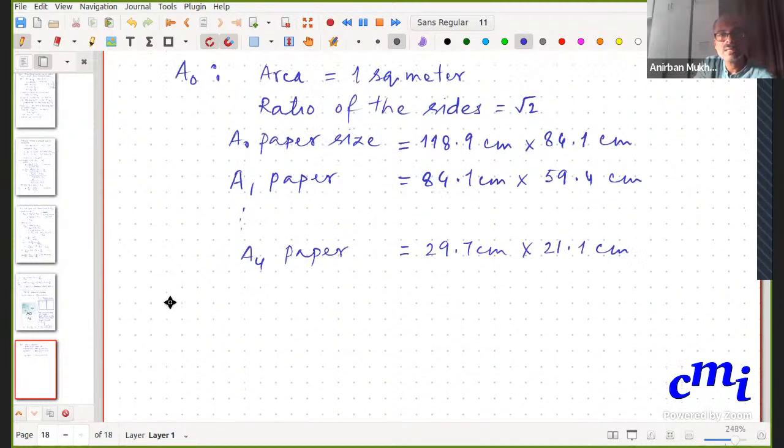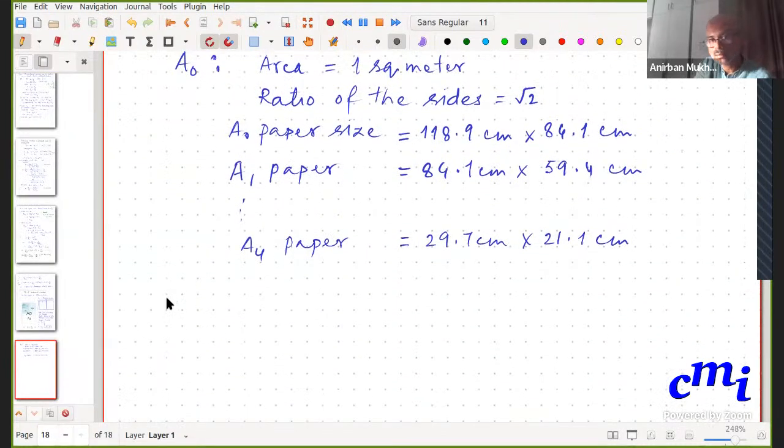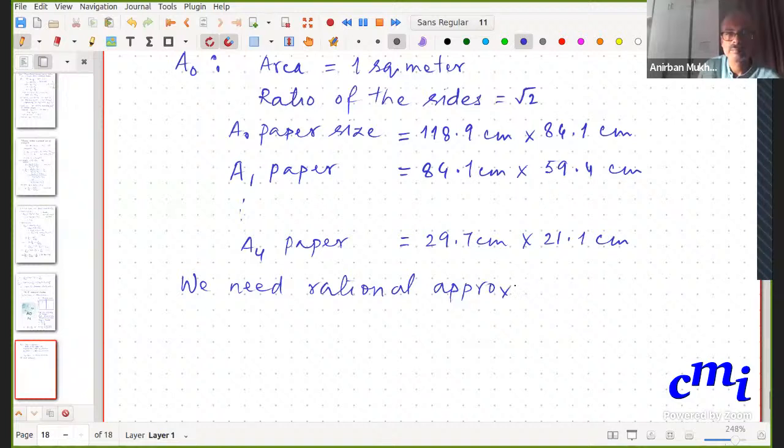So let's write down the continued fraction, because we want a rational approximation. We need a rational approximation for square root of 2.